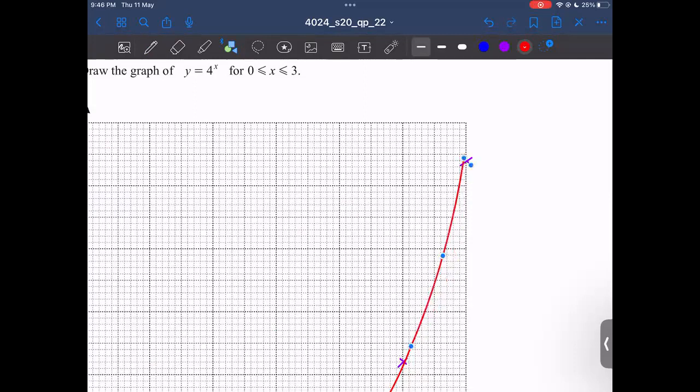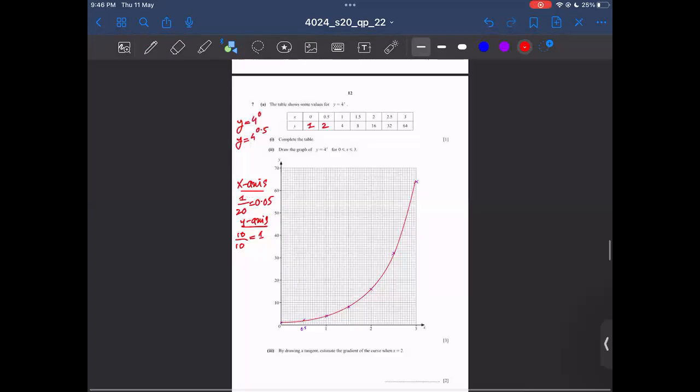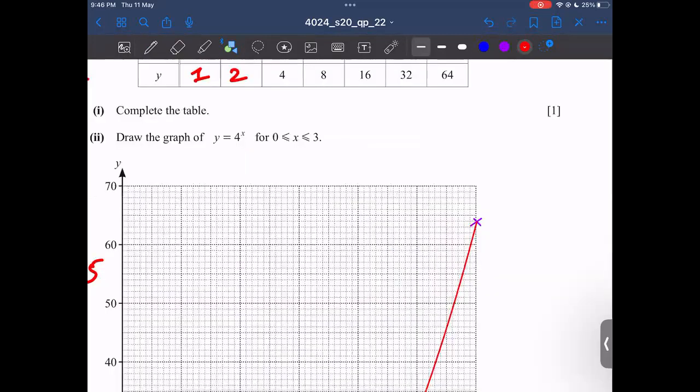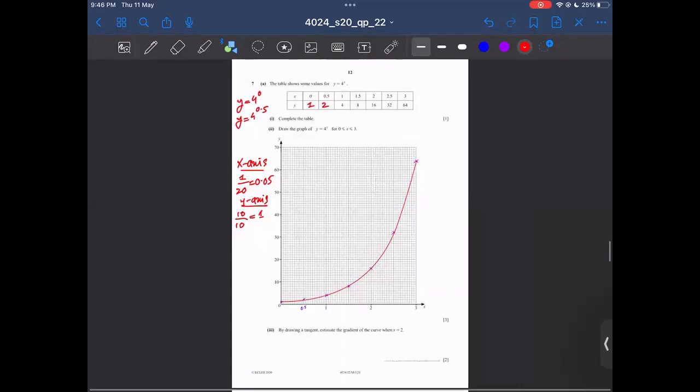Definitely not good. So this is the exponential graph that I'm going to have. Just put it over here. Okay, so this is the exponential graph.